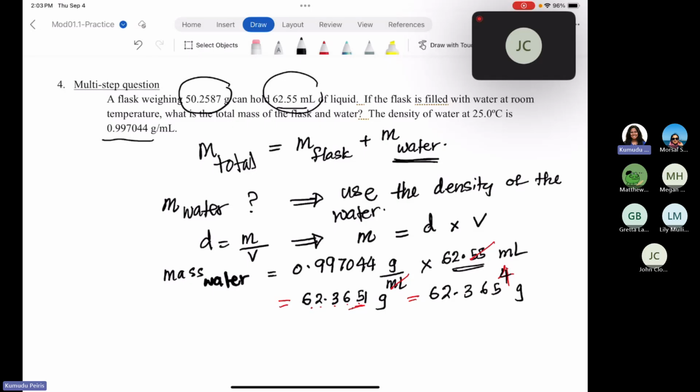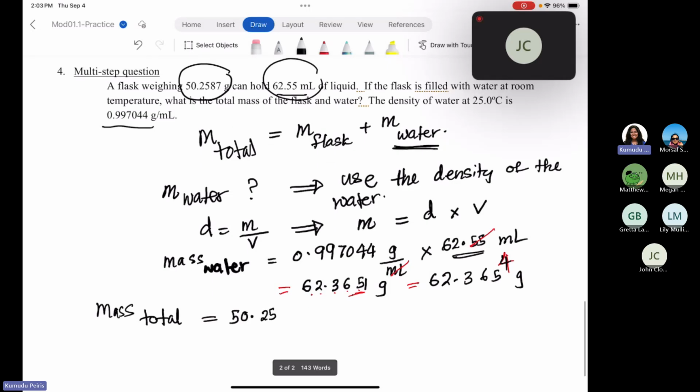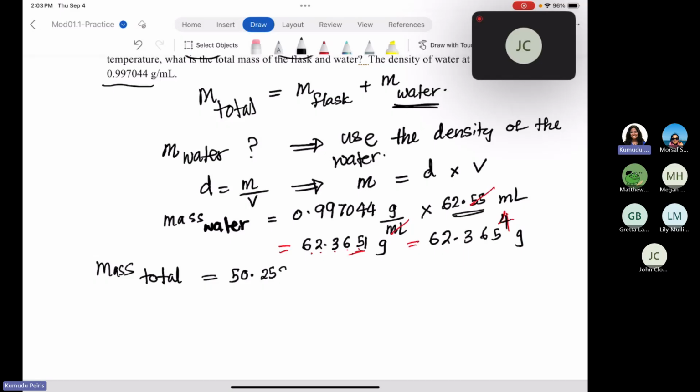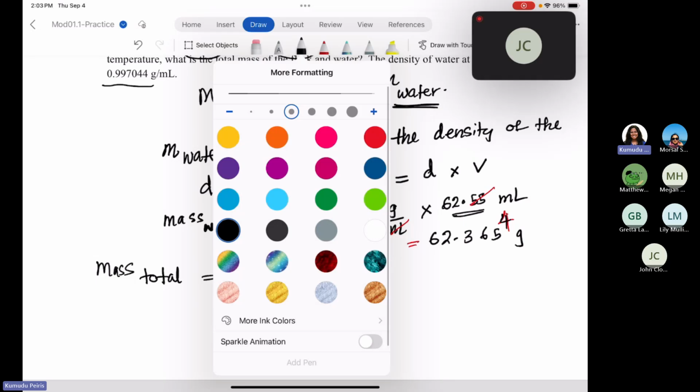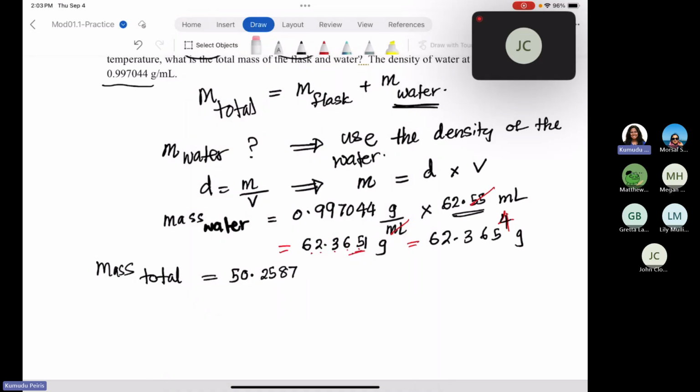Grams. And then we'll calculate the total mass. So what is the mass of the flask? It is 50.2587 grams plus 62.365 grams.